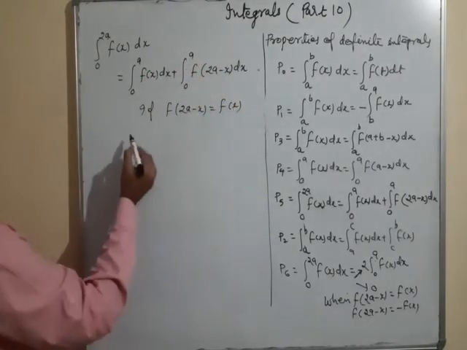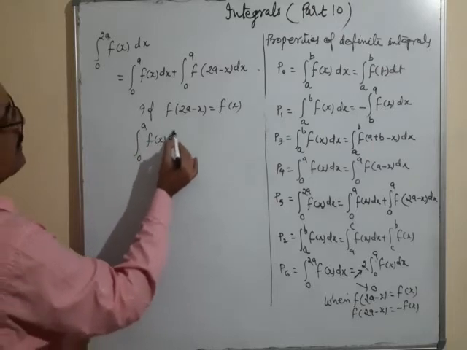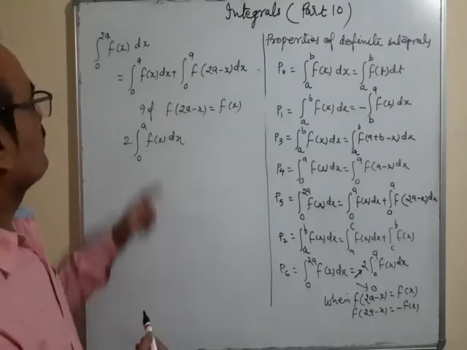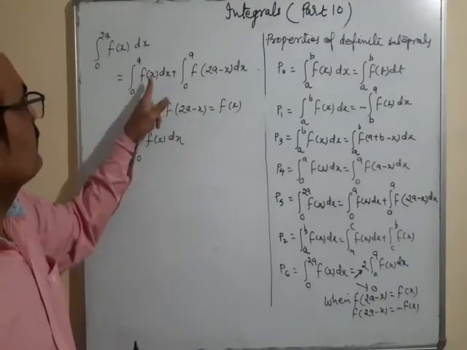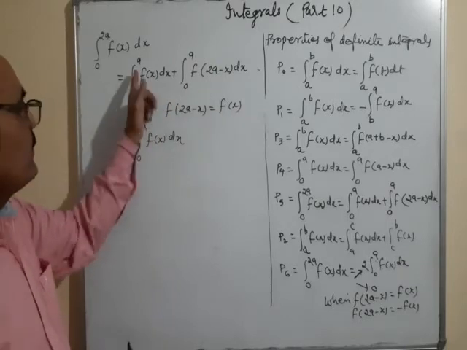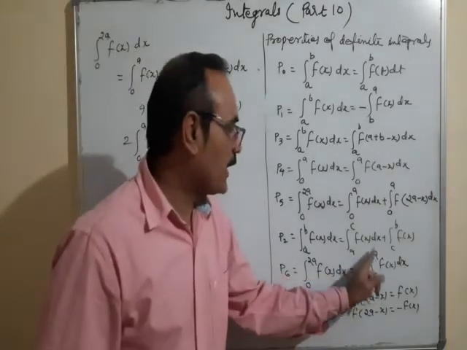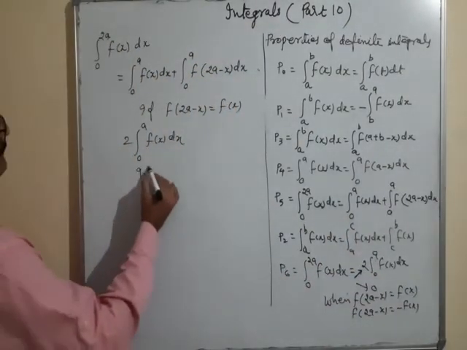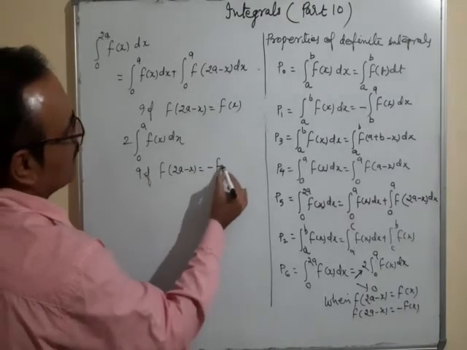What will it be? The integral from 0 to a of f(x) dx, and 2 comes outside. Is it okay? So if f(2a minus x) is equal to f(x), then this plus this, both the like terms, will be added, giving 2 times the integral from 0 to a of f(x) dx. Second case, if f(2a minus x) is equal to minus f(x).